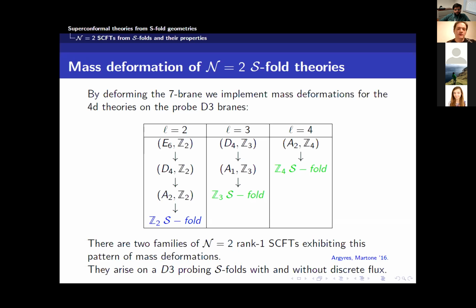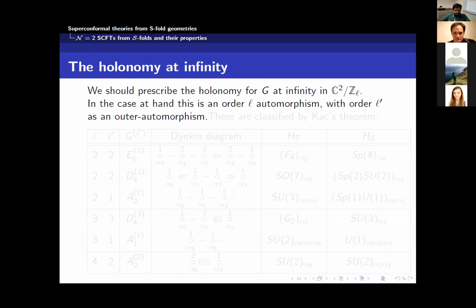But how can we understand the discrete flux once I've added 7-branes in the game? Well, the idea is that since we now have a 7-brane wrapping C2 mod Z_L, we should also specify the holonomy at infinity.